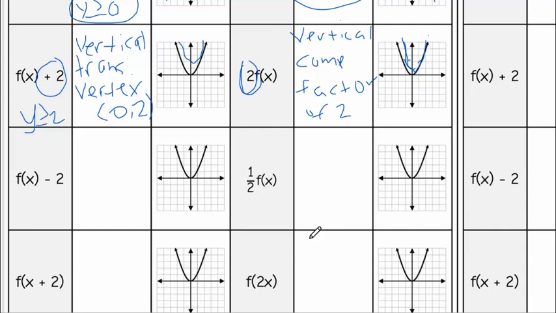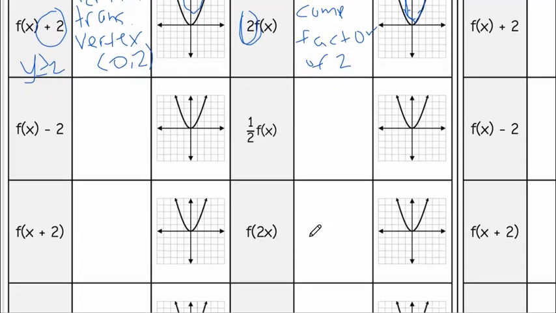All right, let's do the next one here. If you see f of x is negative 2, what you're going to do is put it on the negative 2. So it's going to look a little wider here. It actually keeps the same shape like that.